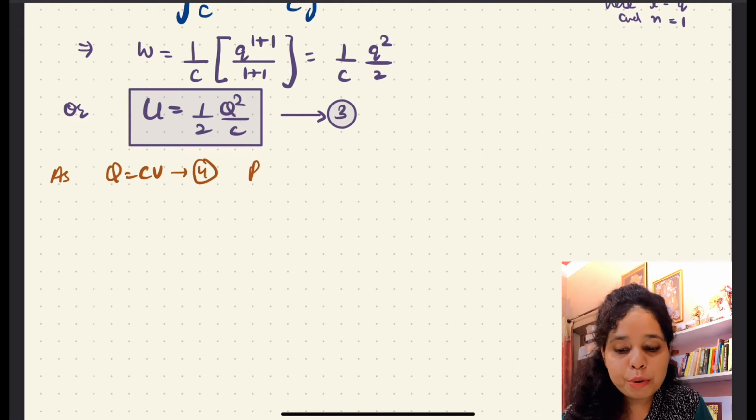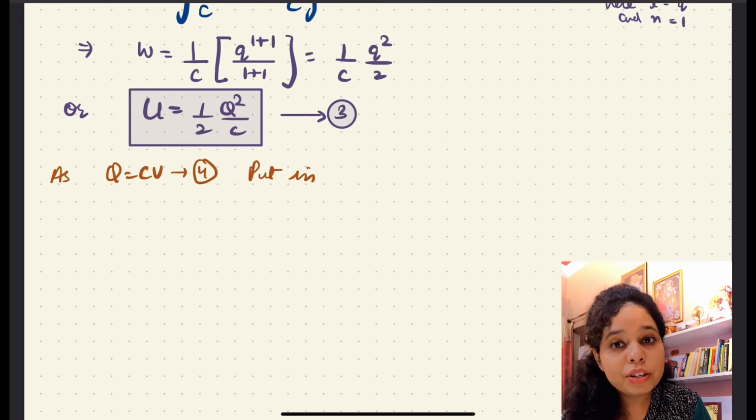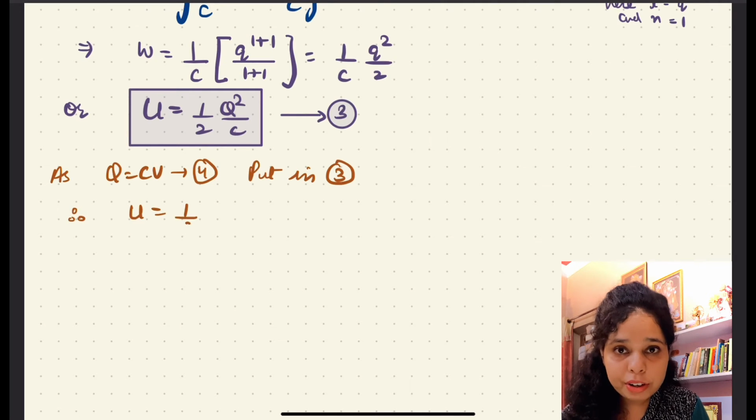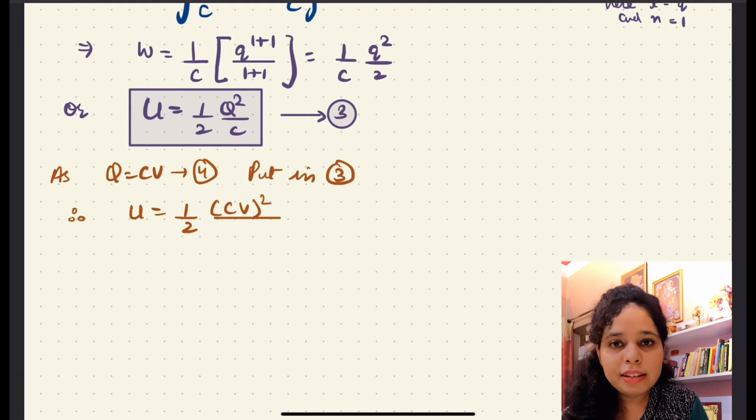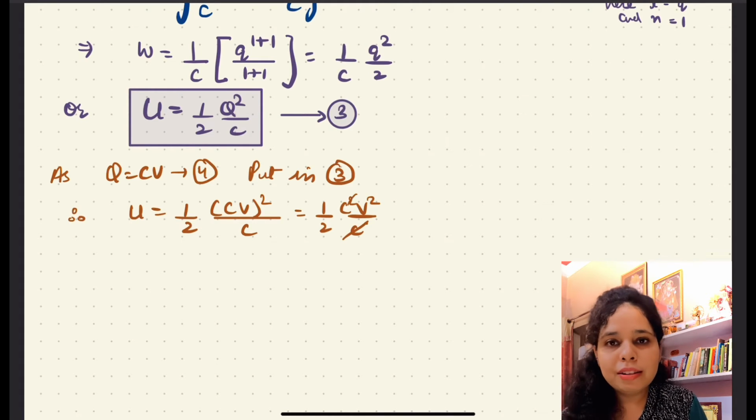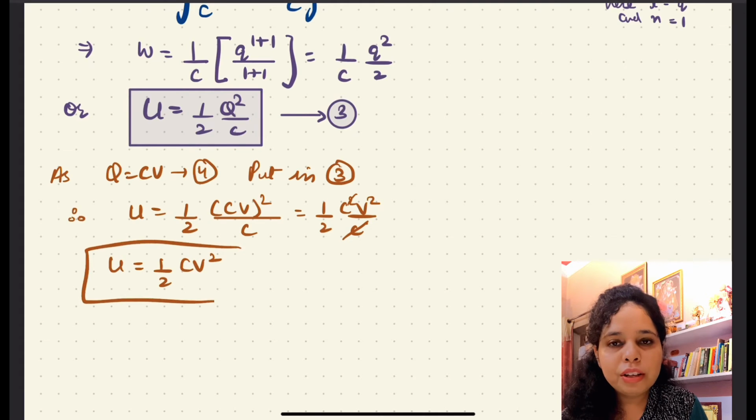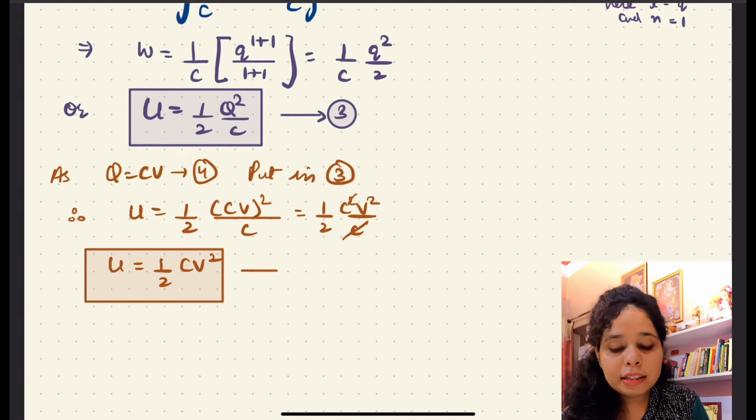This is our equation number 4, and we will put Q is equal to CV in equation number 3, and we will get U is equal to 1 by 2, and instead of writing Q, I will write CV whole square divided by C, and this is further equal to 1 by 2 C square V square divided by C, and we can cancel out one C. So we are left with U is equal to 1 by 2 CV square.